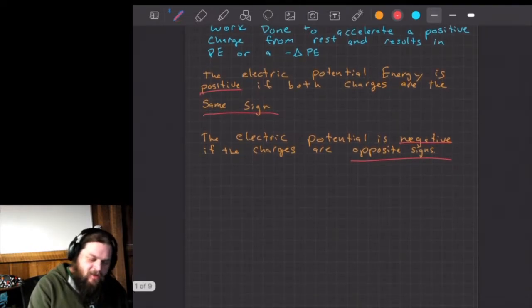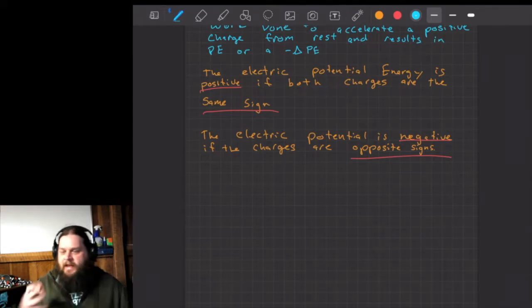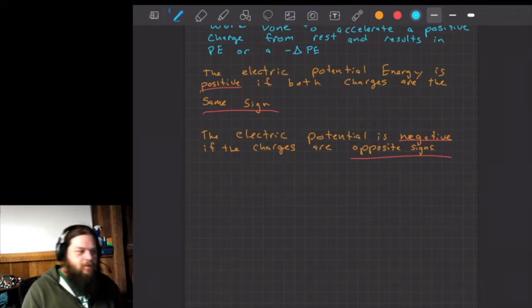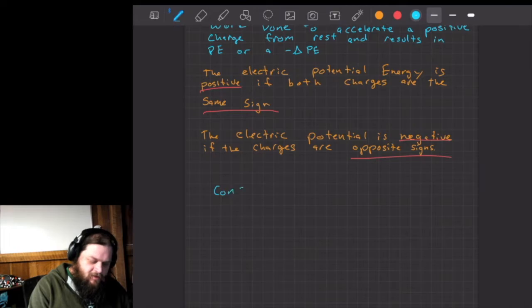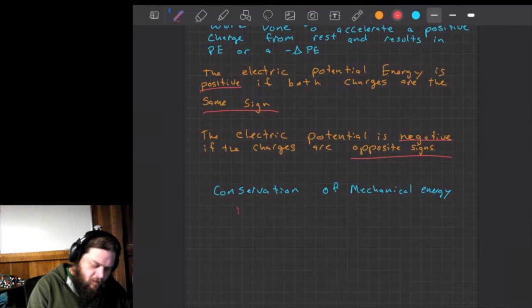And as always, the conservation of mechanical energy is a thing, because energy in any closed system has to be preserved. In this case it comes down to the kinetic energy plus the potential energy needing to stay constant.